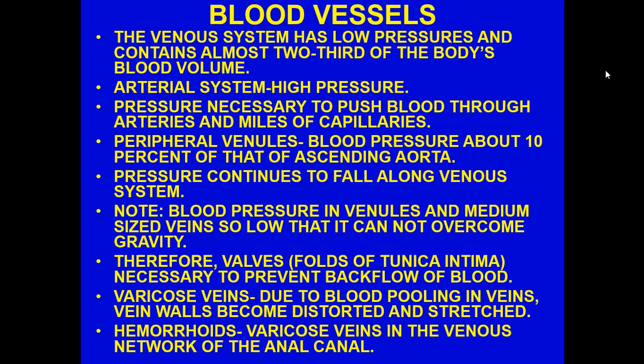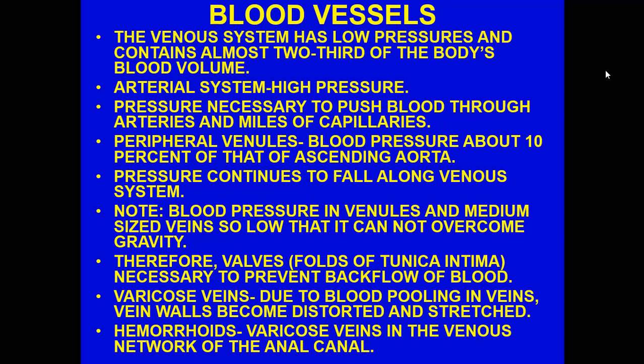Now, in peripheral venules, you'll see the blood pressure is about 10% of that of the ascending aorta. The pressure continues to fall along the venous system. Blood pressure in venules and medium-sized veins is so low that it can't overcome gravity. Wait a minute, doctor, what are you saying here?